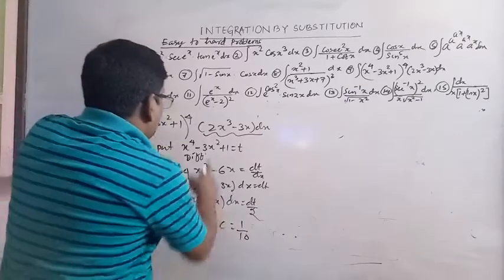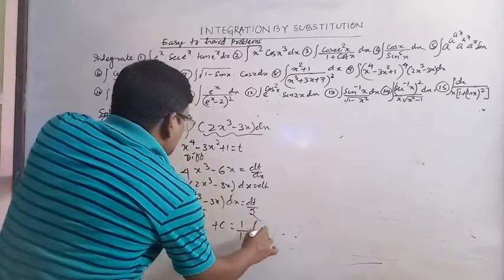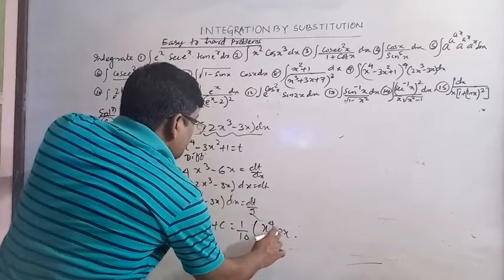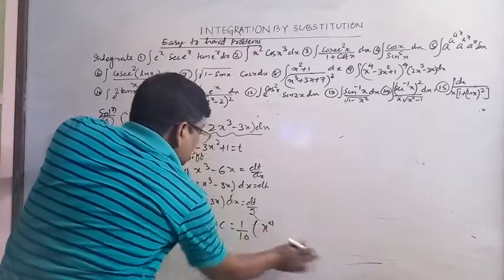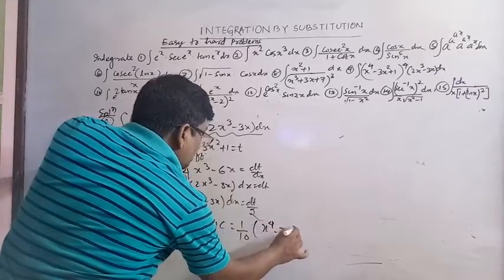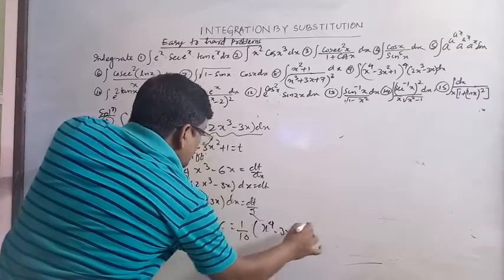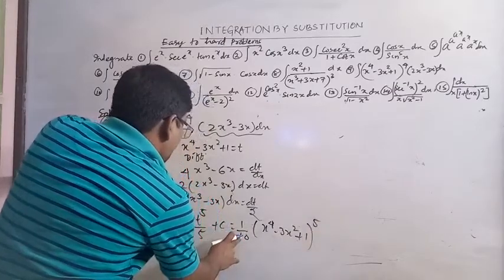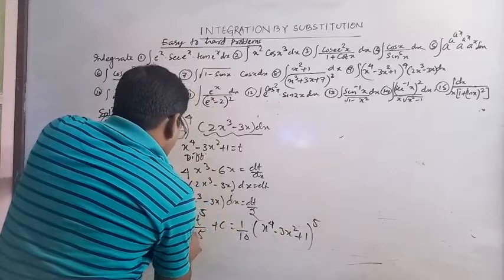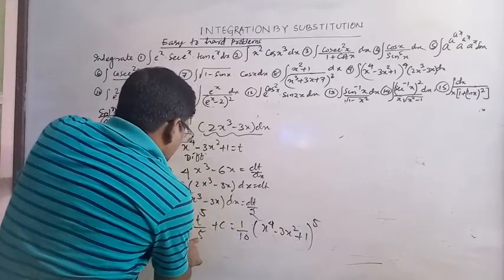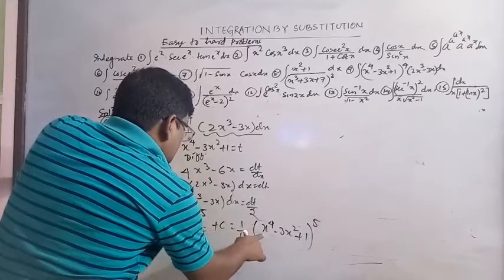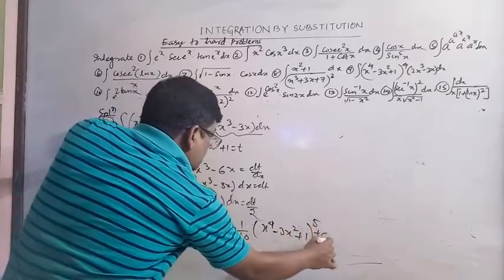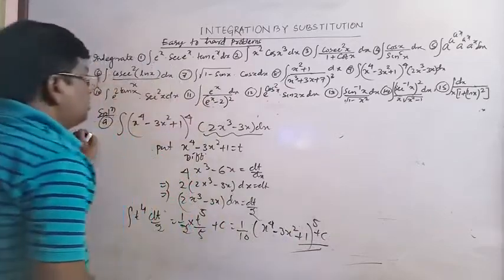T means x^4 - 3x^2 + 1, whole to the power 5. This is 1 by 2 into 1 by 5, that is 1 by 10. So the answer is (1/10)(x^4 - 3x^2 + 1)^5 plus c. This is the answer of question number 9.